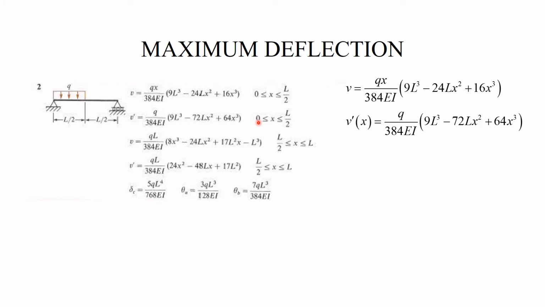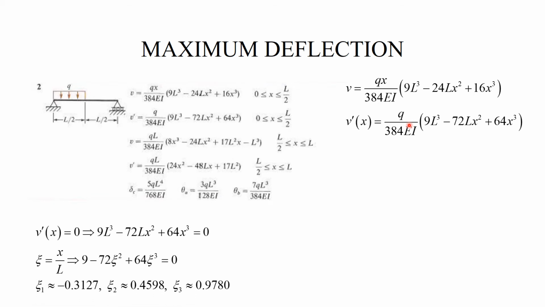And now I say the following. To find the maximum deflection, I will set the derivative v prime to 0. And this gives me the following cubic equation, which is, of course, exactly this equation, right?